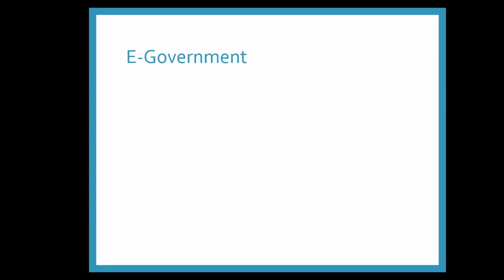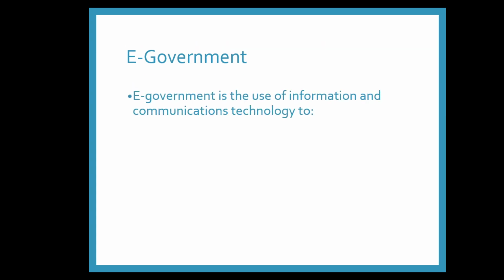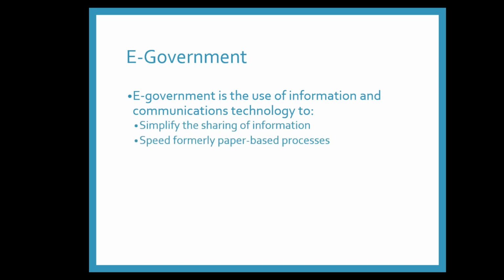So now let's go to e-government. So e-government is the use of information and communications technology to simplify the sharing of information, speed up formerly paper-based processes, and improve the relationship between citizens and government.